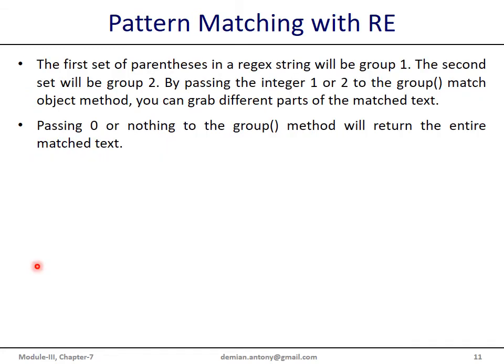As I explained in the previous slide, parameter 1 represents the first group in the matched text, and parameter 2, if we pass it, represents the second group.